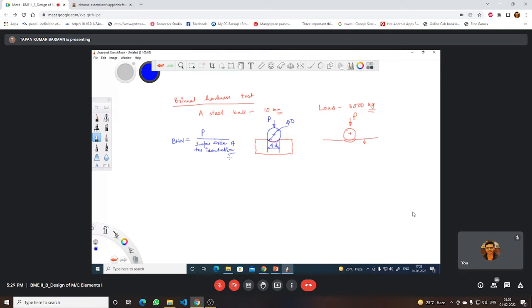For steel, sometimes we use this expression to estimate, though it is not the accurate one. Sigma ut, that is tensile strength, we generally consider as 3.4 times the BHN of that material. So roughly from BHN we may estimate the tensile strength of the material. This is generally for heat treated carbon steel.